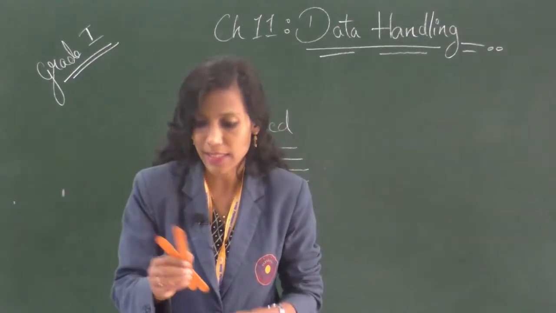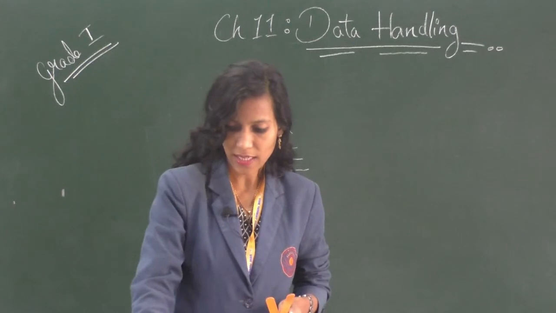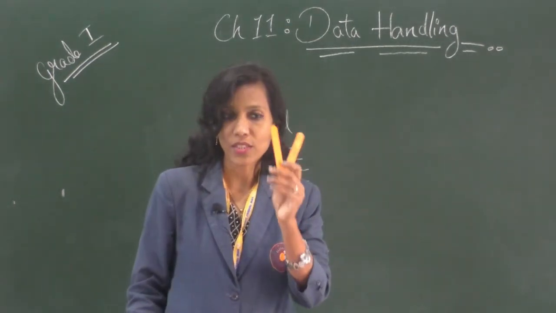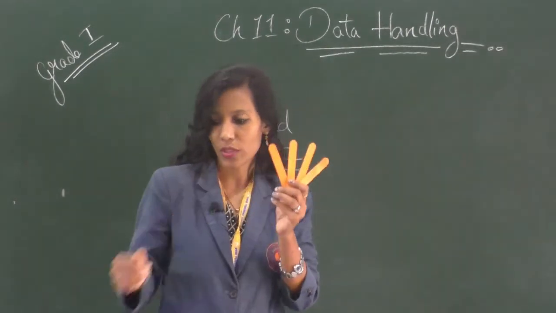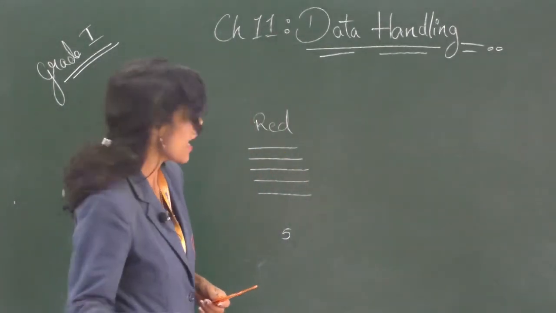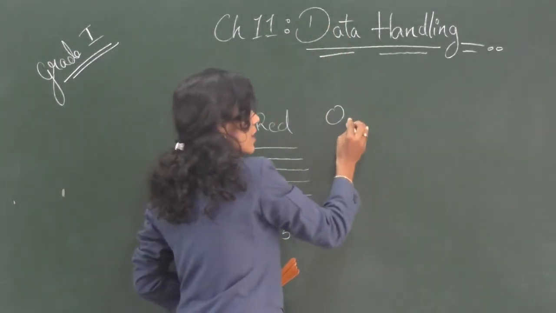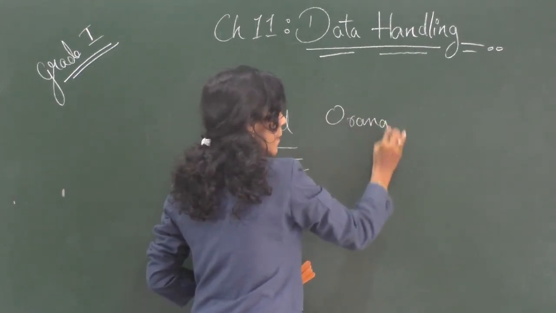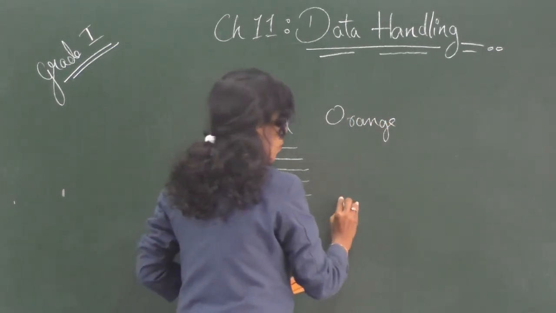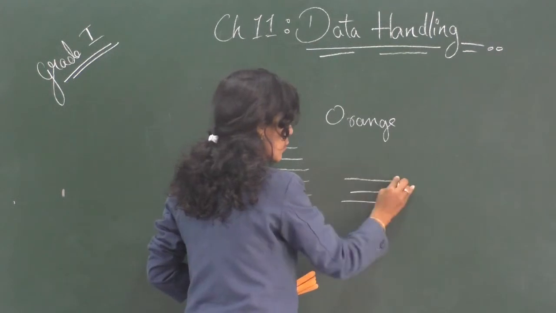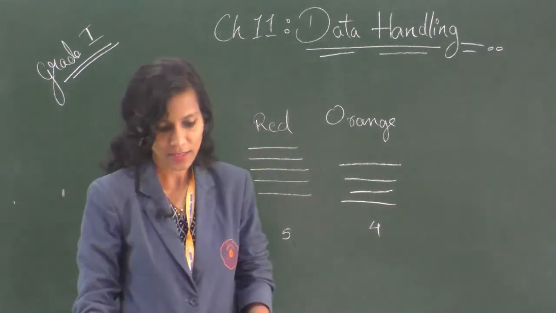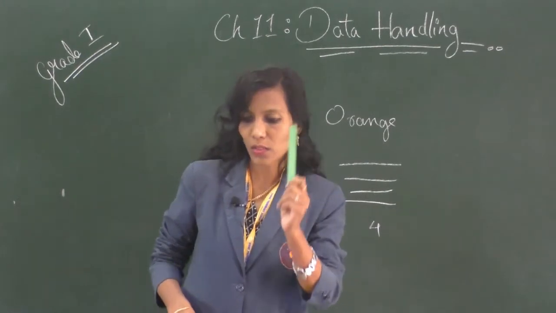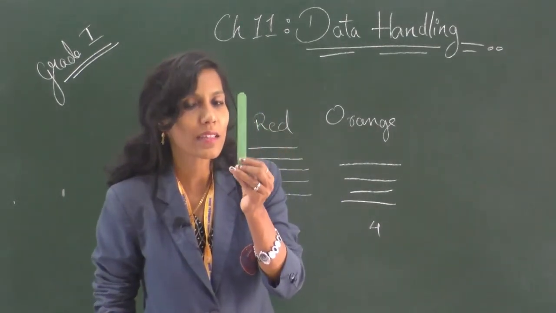Now let's take the next color, orange. Under orange I have 1, 2, 3, 4. 4 sticks. Now the third one is green color stick.